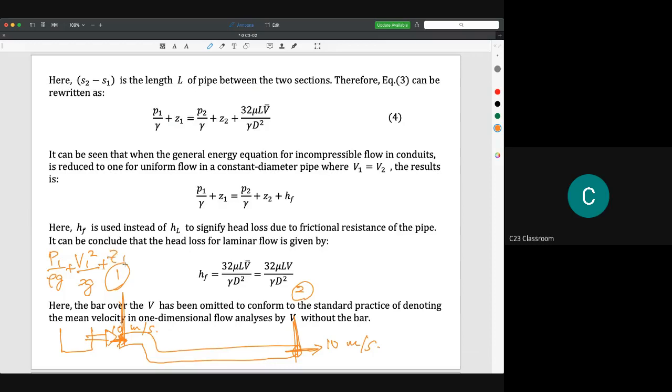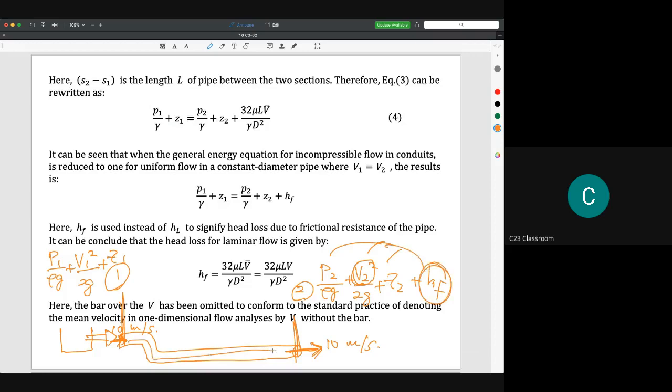At point 2 we have P2 over rho G plus V2 square over 2G plus Z2 plus HF. So the velocity that comes out will decrease, because a part of the pressure, velocity, and potential energy needs to overcome the friction along the pipe.